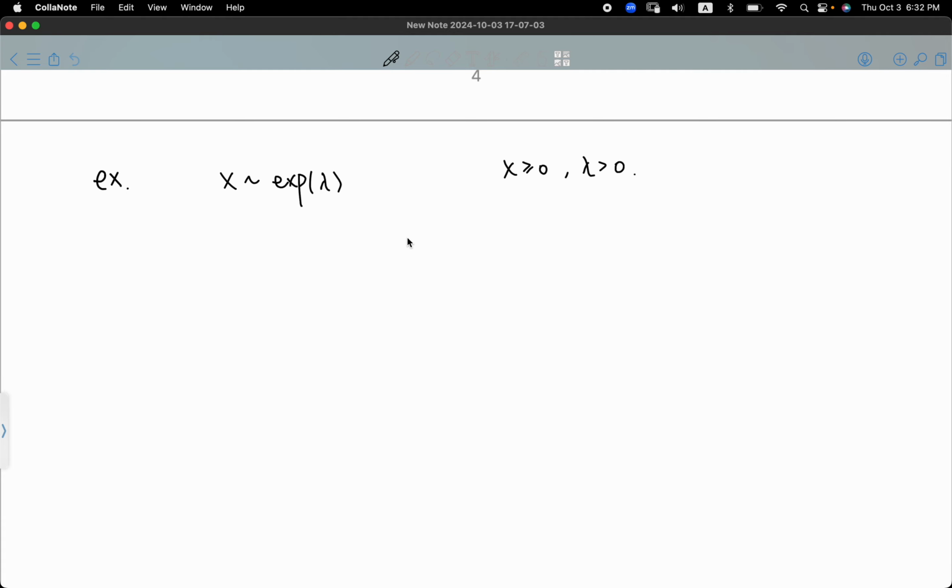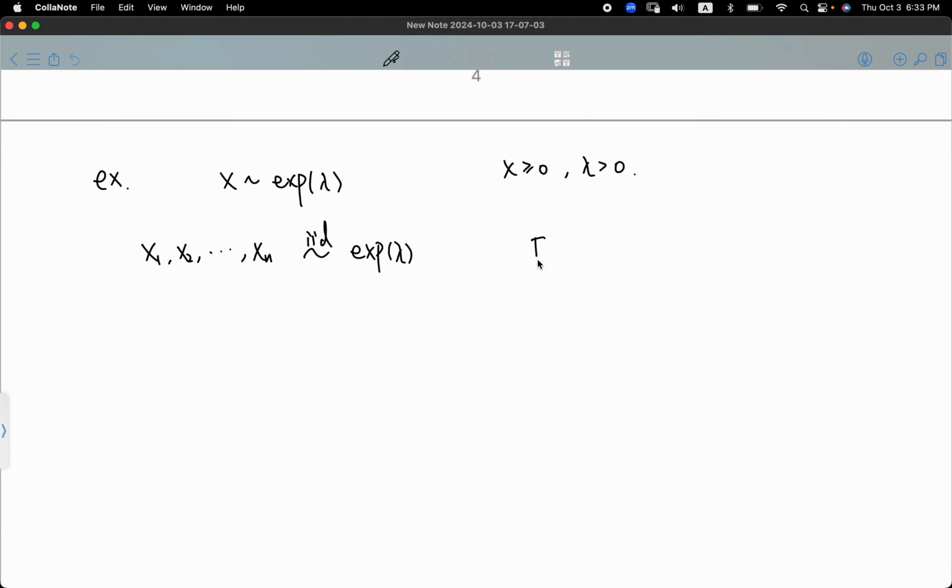Okay. So now let's suppose x1, x2, and then xn, they are IID, independent identically distributed, following an exponential distribution.